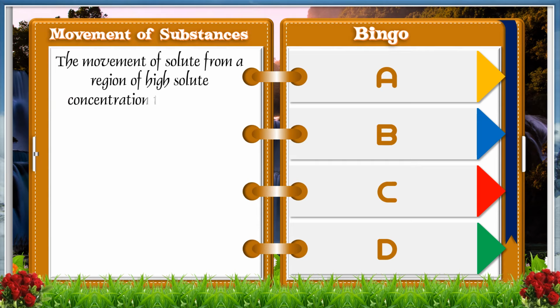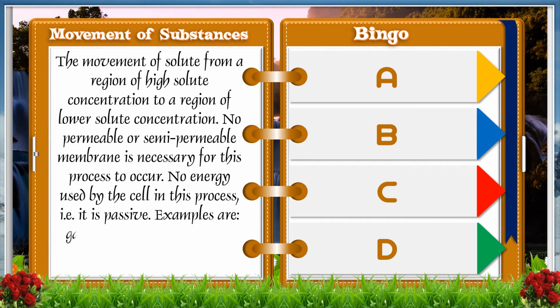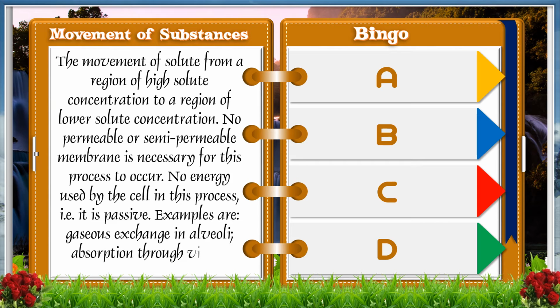The movement of solute from a region of high solute concentration to a region of lower solute concentration. No permeable or semi-permeable membrane is necessary for this process to occur. No energy is used by the cell in this process, i.e., it is passive.